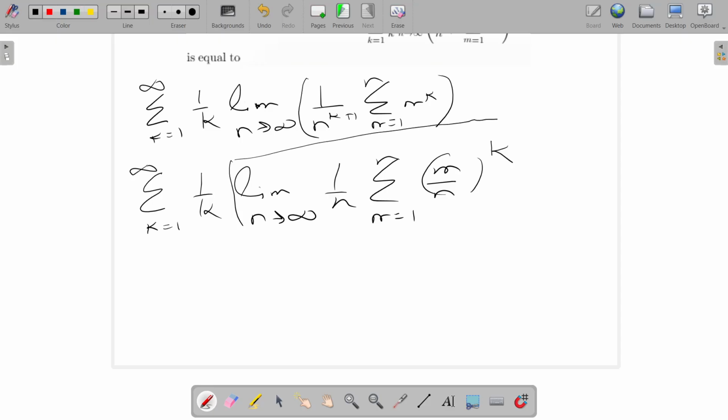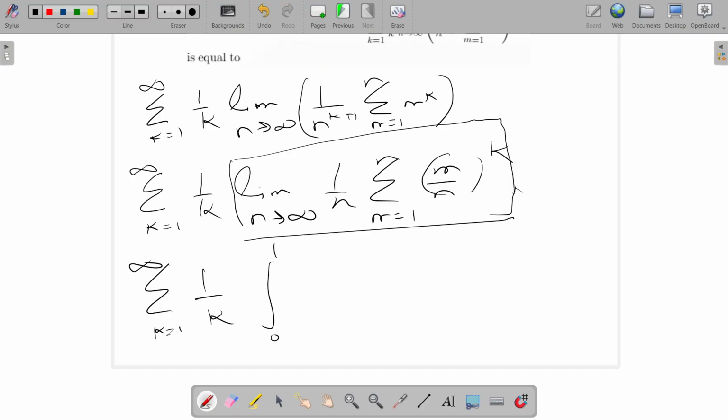So this will be the summation k equals 1 to infinity of 1 by k, and this whole thing will be the integral from 0 to 1 of x to the power k dx, which is nothing but the summation k equals 1 to infinity of 1 by k times 1 by k plus 1.